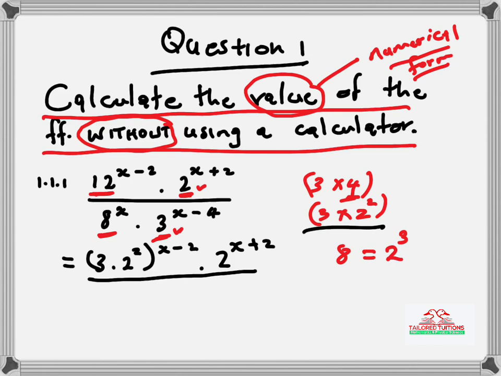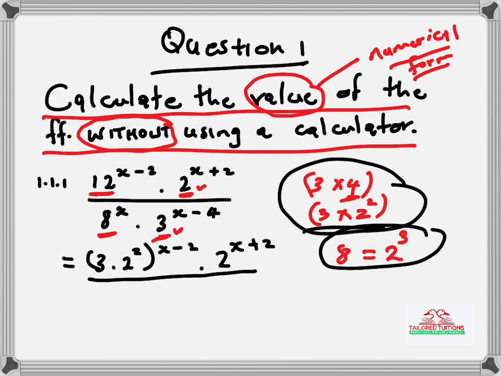I know this thing can be done using the calculator. But they said without using the calculator. All that exponent x, times 3 exponent x minus 4. So now we have prime bases.